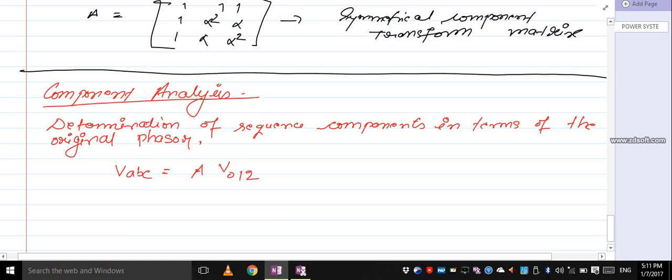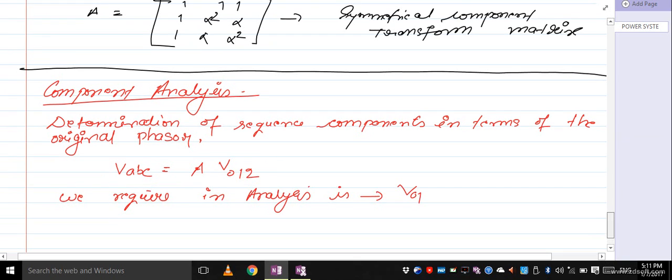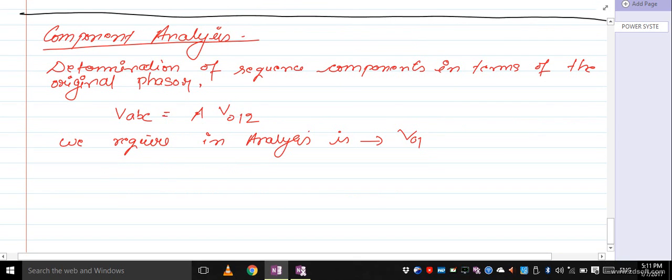Now what we require in analysis is V012, so what we have to find is V012.